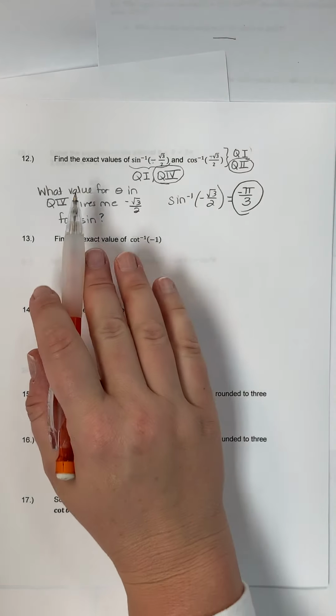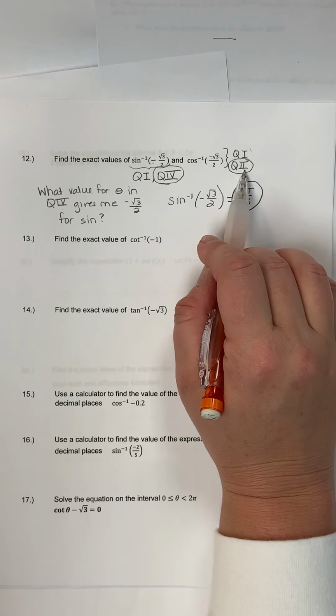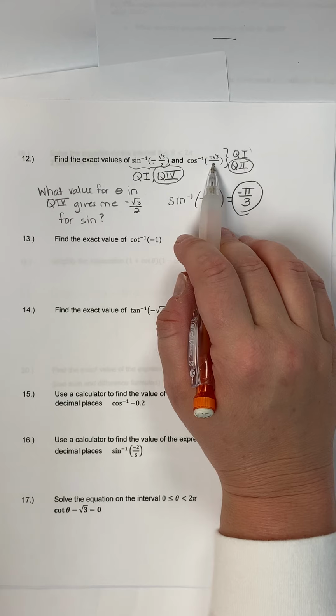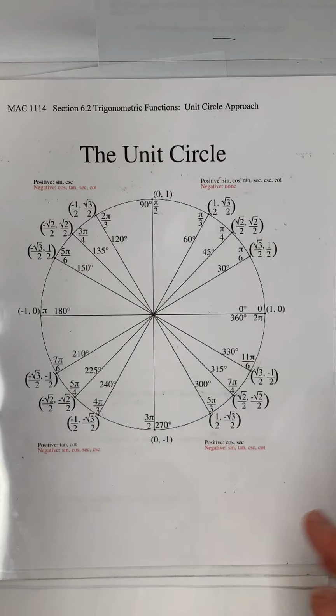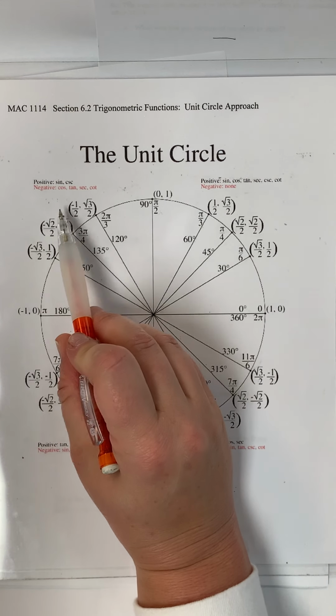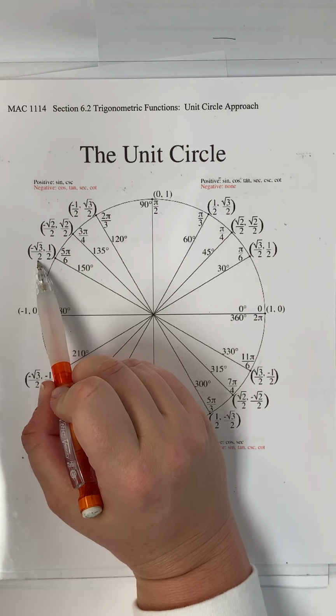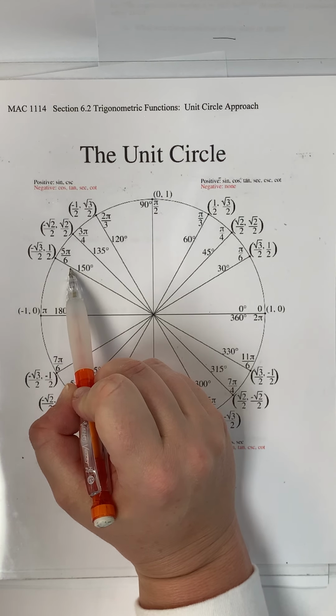So now what I'm looking for is what value of theta in quadrant 2 gives me negative root of 3 over 2 for cosine. Okay, so I'm over here in quadrant 2. I'm looking at the cosine values, negative root of 3 over 2. That would be 5 pi over 6.